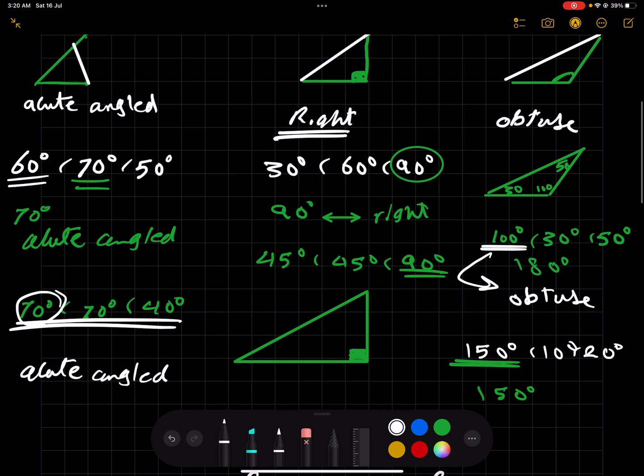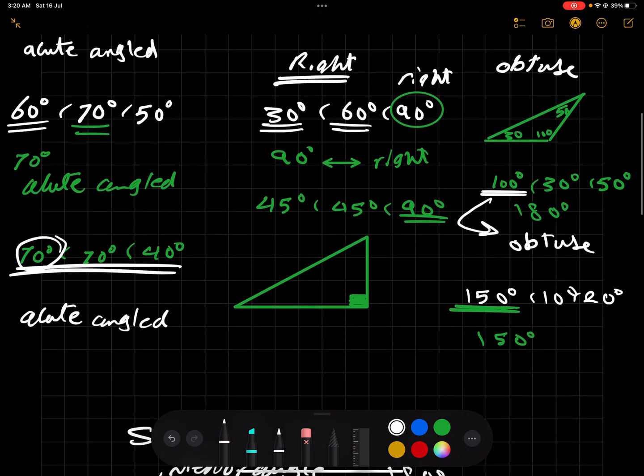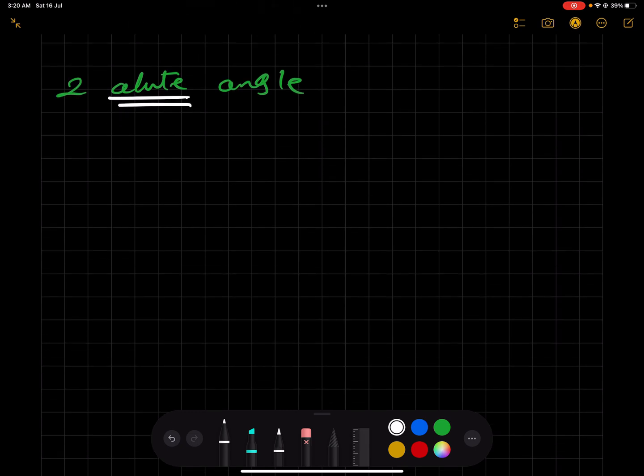But in the next section, the first one is acute, the next one is acute, but the third is right. So in any triangle, we get at least two acute angles. What about the third, if it is obtuse? The other two must be acute, which means that it must contain two acute angles.